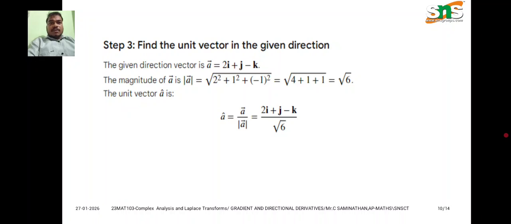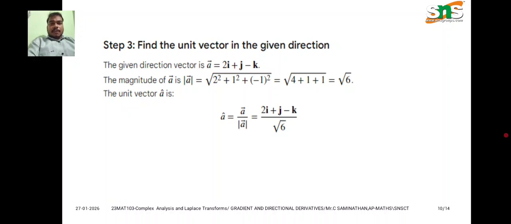In step 3, we have to find the unit vector of the given direction. The given direction vector A is 2i plus j minus k.